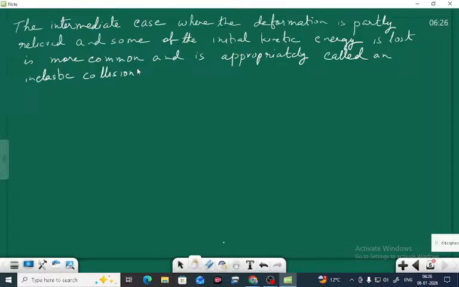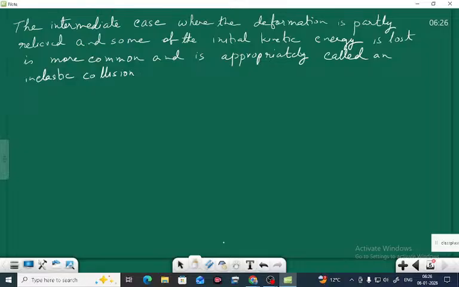Now we will do two things. One is collision in one dimension and the other is collision in two dimensions. First we are discussing collision in one dimension.